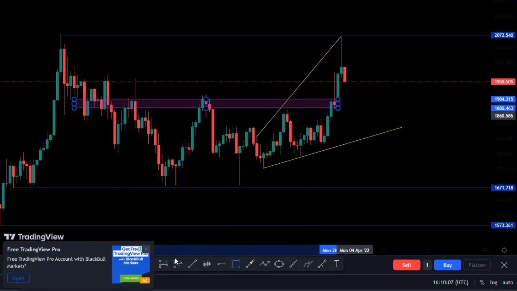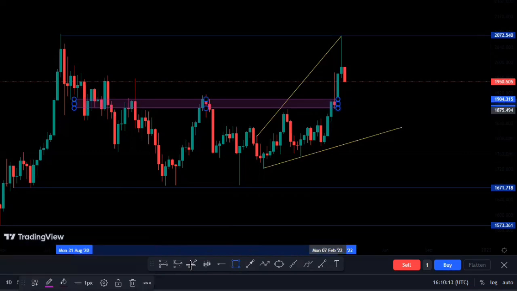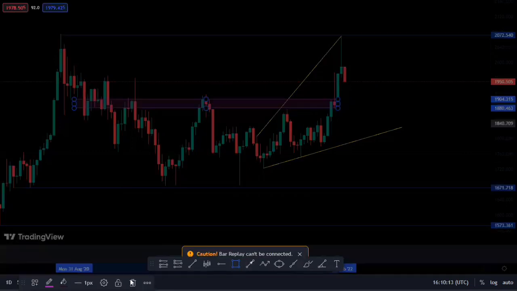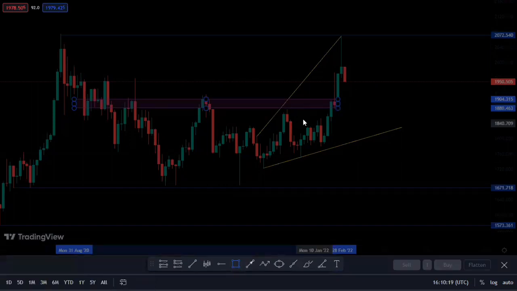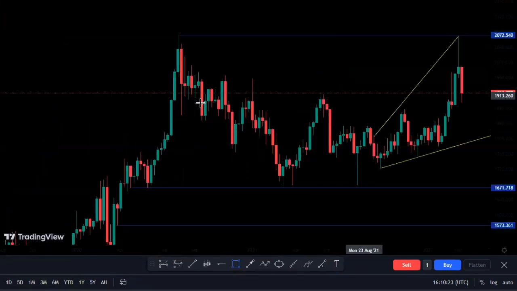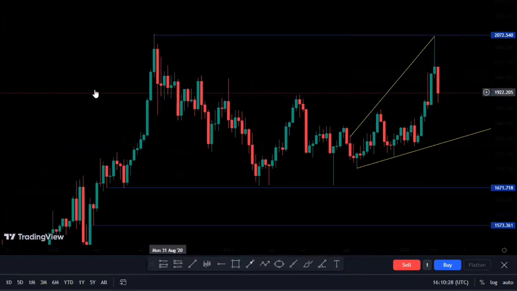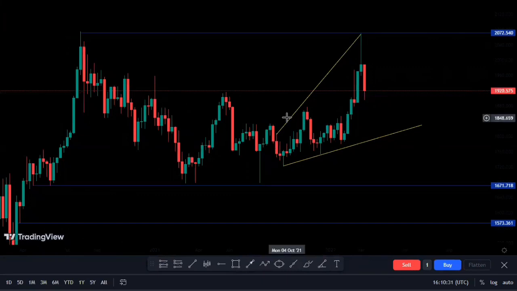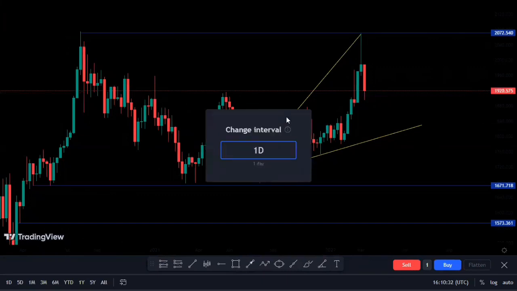Now, as I move forward, because I only have a few minutes, I'm going to be quick. I'm not going to be explaining much. From here, I move to my smaller time frame.